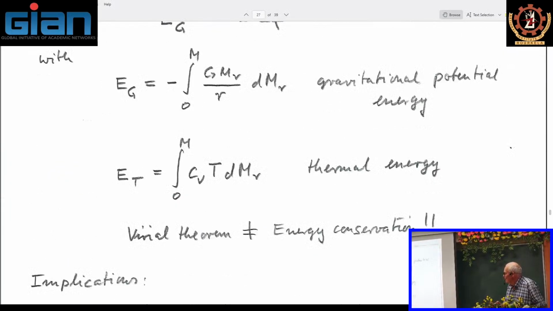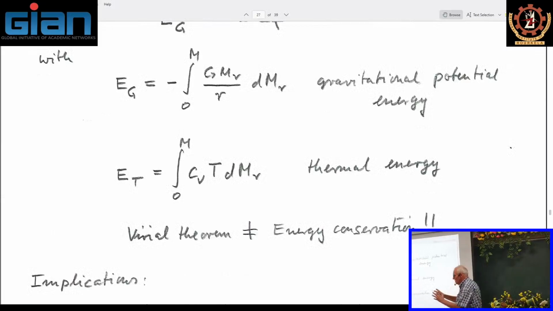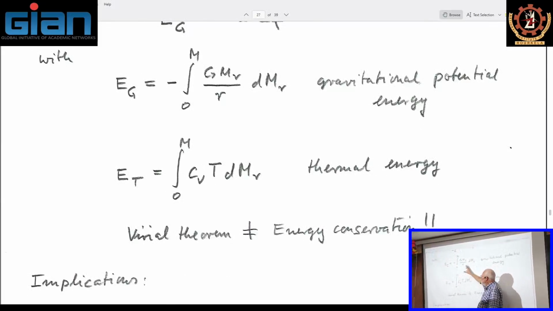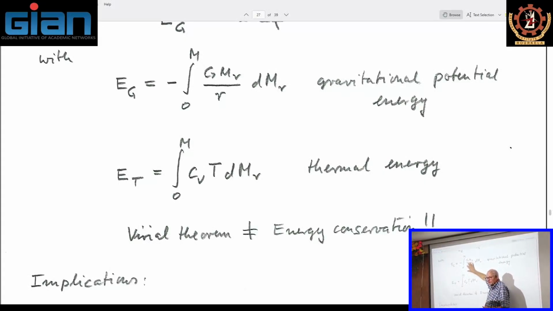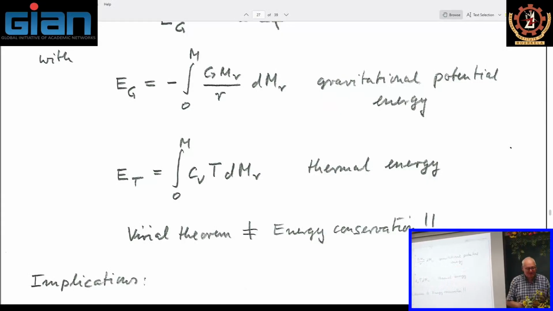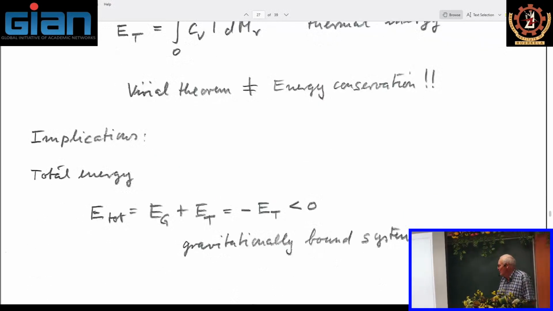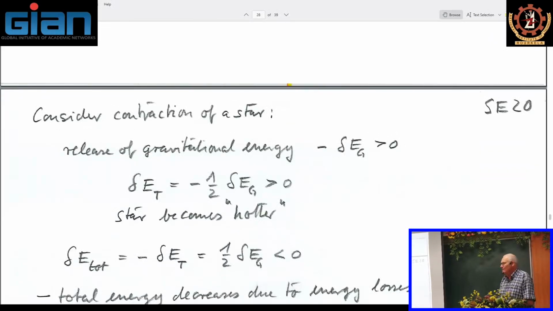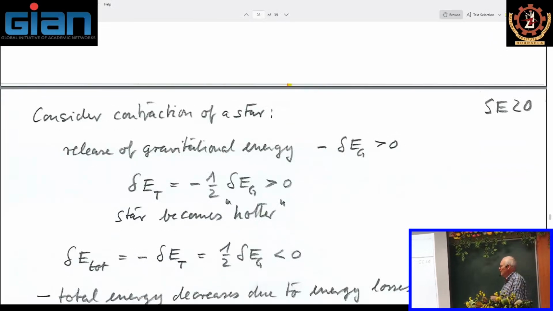Well, if we shrink our star, if we contract our star, the radius becomes smaller, so the modulus of this quantity becomes bigger, and therefore the gravitational energy becomes more negative. So delta Eg is negative once the star contracts. So it releases gravitational energy once we contract our star.